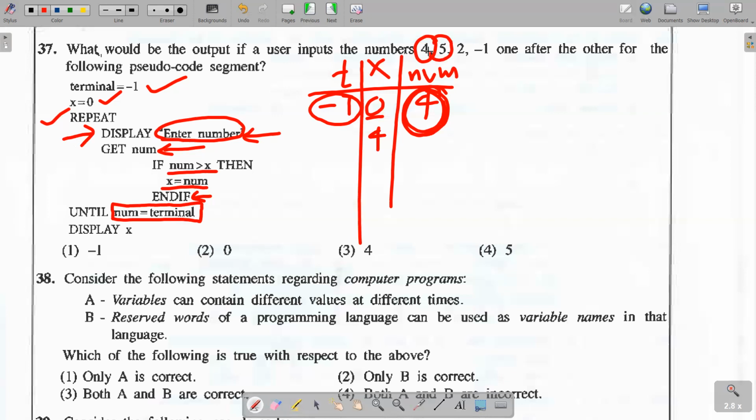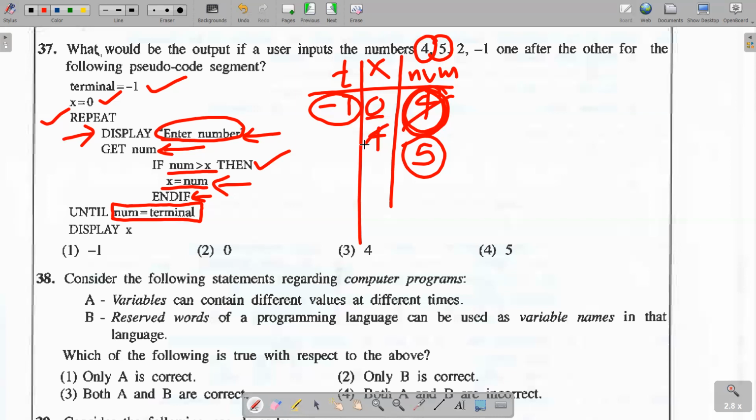So 5 will be given. And they are again asking whether the num is larger than x. So num is 5, x is 4. Which is larger? Num is 5 and x is 4. So if this is true, then it comes over here. Num is assigned to the x.